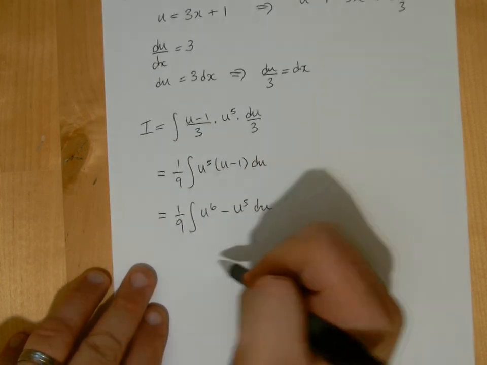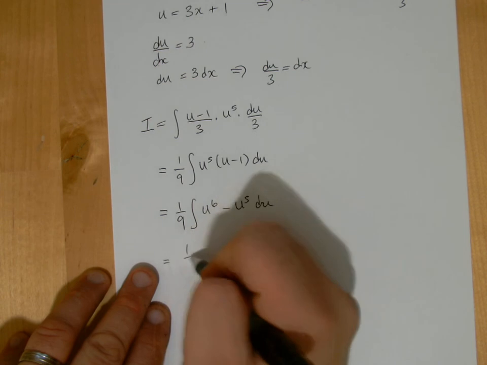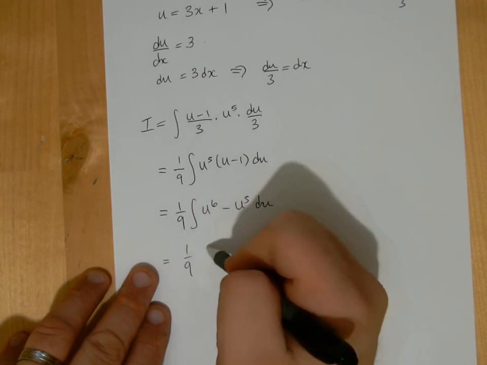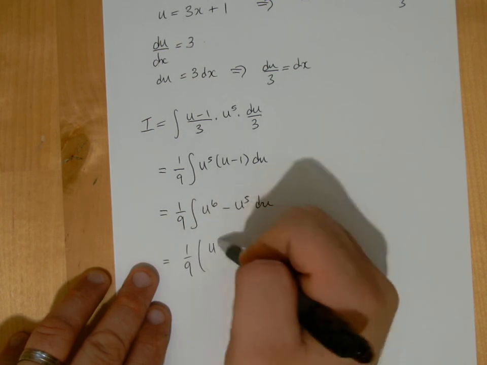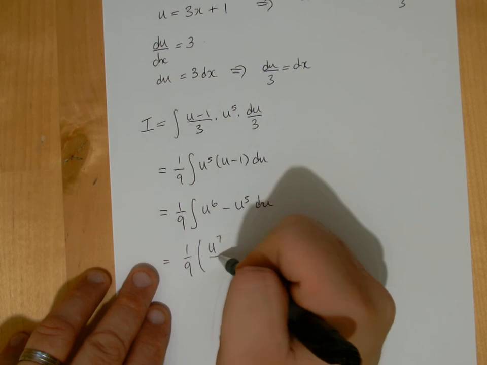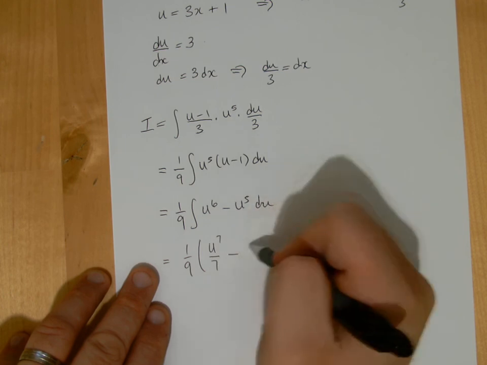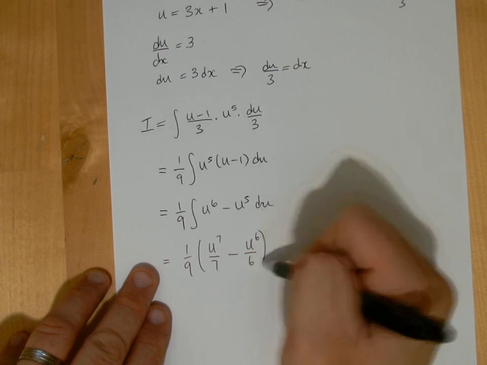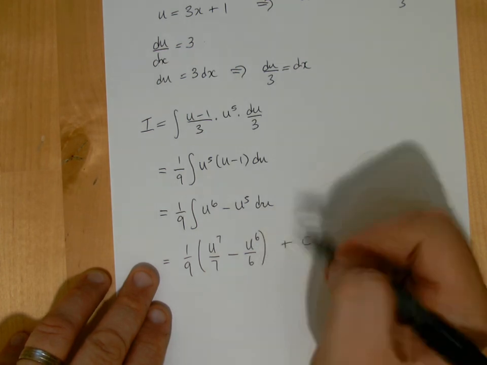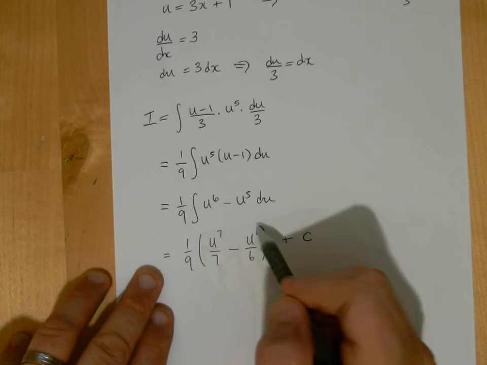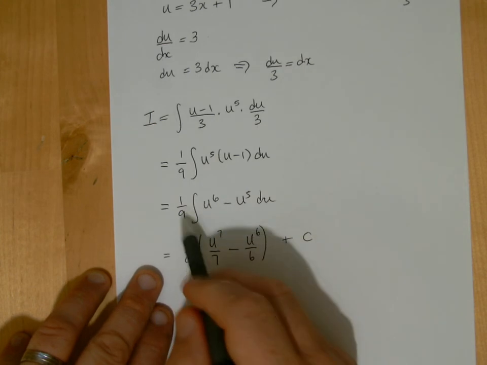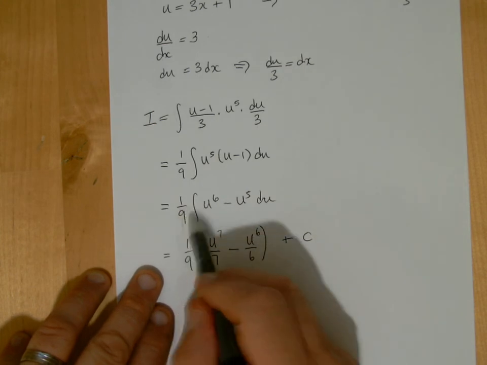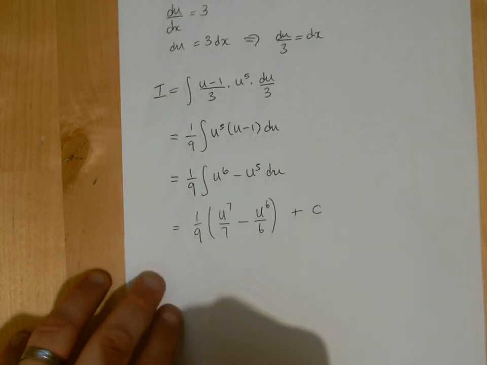And then it's easy, isn't it? You just integrate them. So u to the power 6 becomes u to the power 7, add 1, divide by the new power. U to the power 5 becomes u to the power 6, divide by 6. Close bracket, and then don't forget the plus c there. It's important you have a bracket here, because you need to show that you're timesing everything in here by the 1/9, because it's like a factor, isn't it?